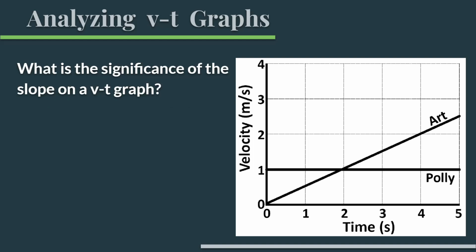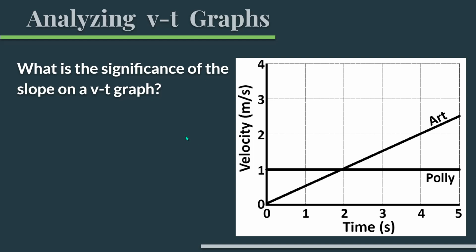What is the significance of the slope on a VT graph? What does the slope mean? Polly has a slope of 0. Art has some positive non-zero slope. What does that tell me when I look at this graph and I figure out the slope? Do you remember? Acceleration. This was in our notes last week.